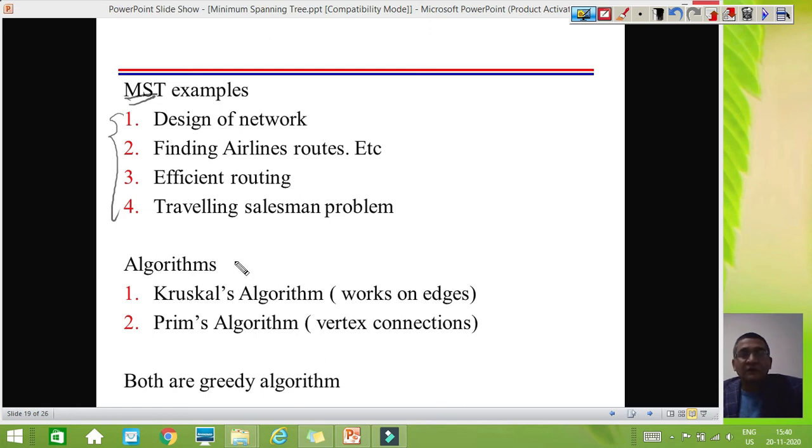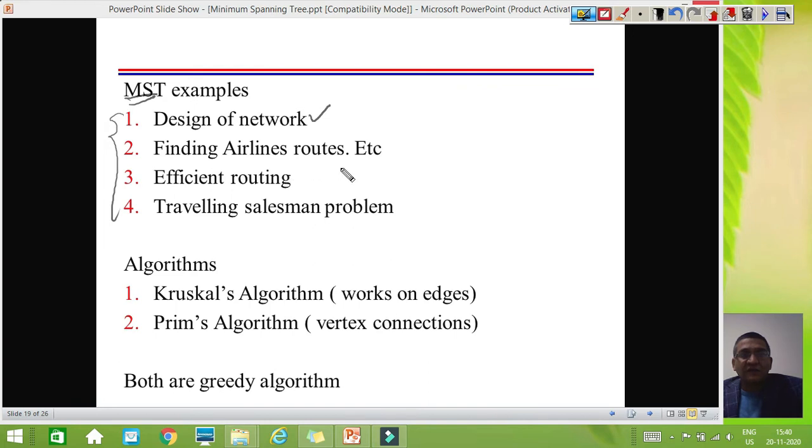If you are asked to make a topology within your organization where you want to connect all your computers using a wired connection, minimum spanning tree will help you use a minimum cable. It will connect all the nodes and provide you the minimum cable and will form a network for you. So minimum spanning tree will be one possible application here, designing your network in the organization.